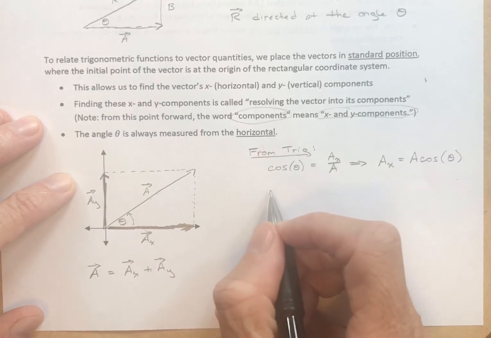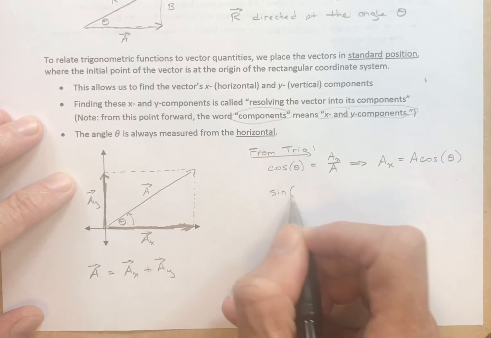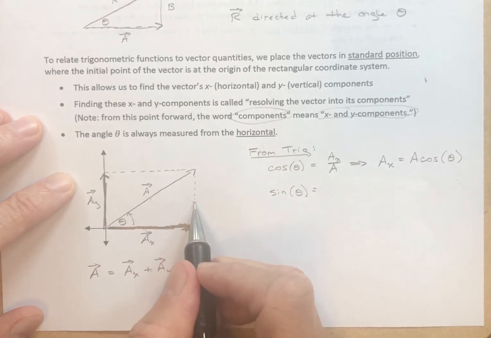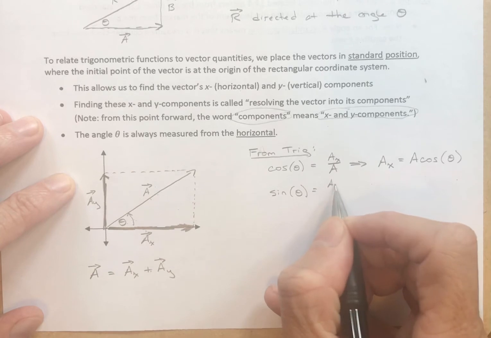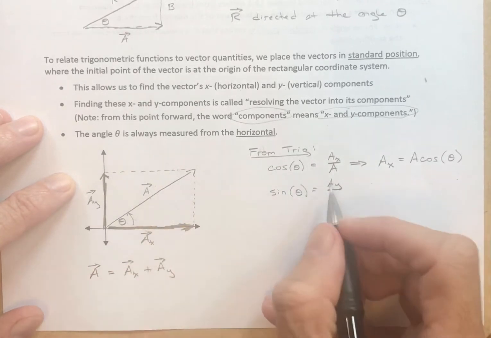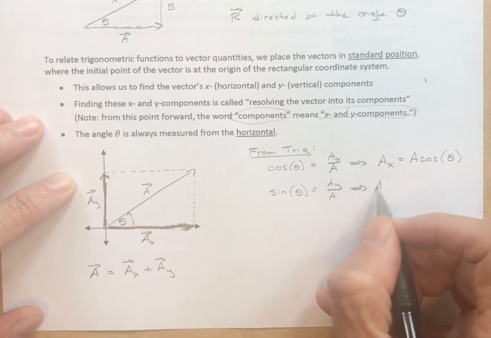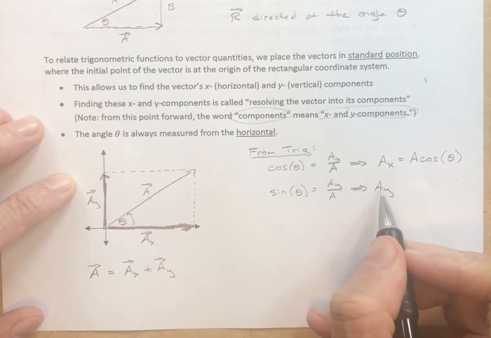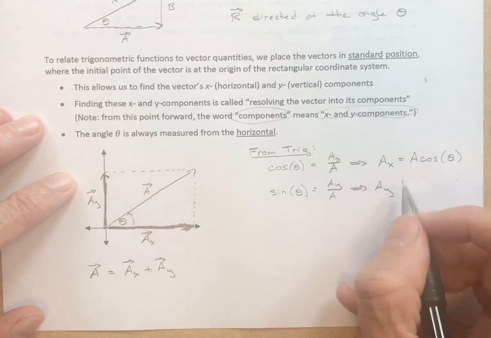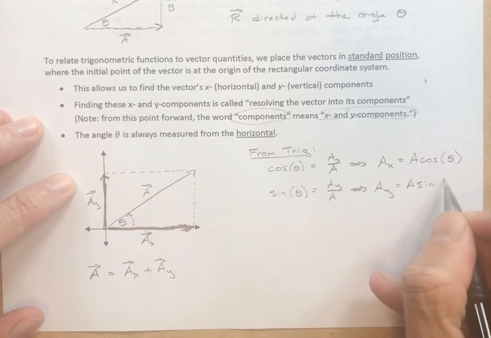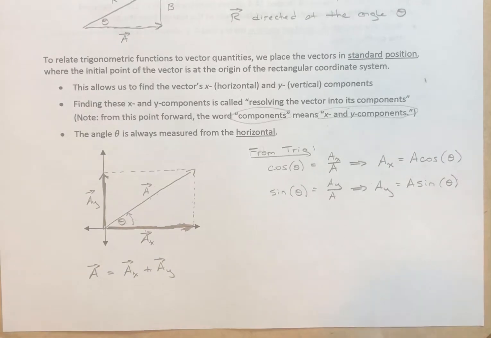And we can do the same thing with sine of theta. The sine of theta is equal to the length of the opposite side, A sub y, over the length of the hypotenuse A, which means that the length of the vector in the y direction is equal to the length of the original vector times the sine of theta.